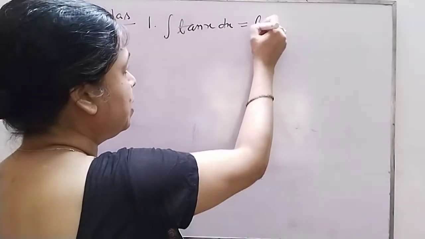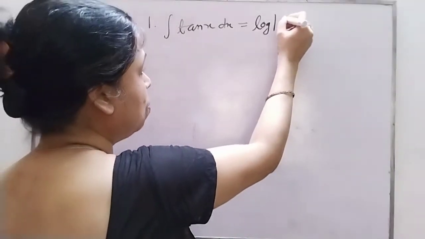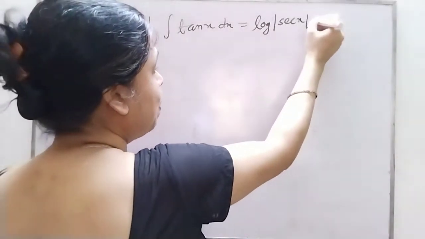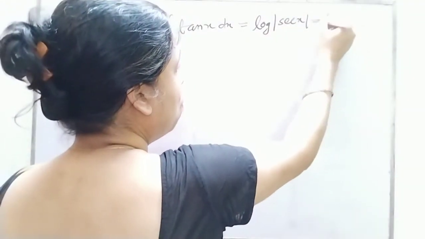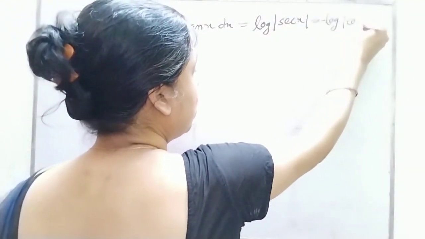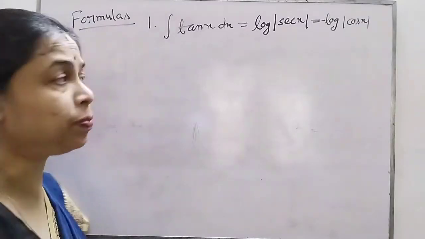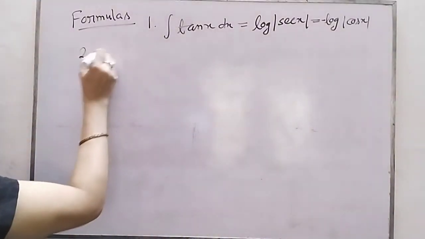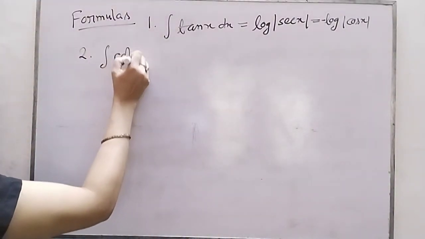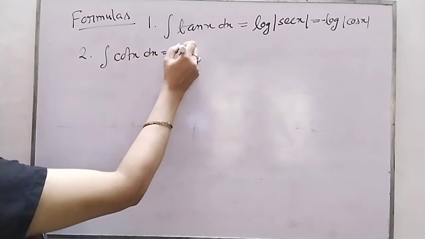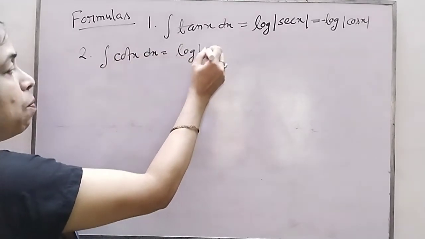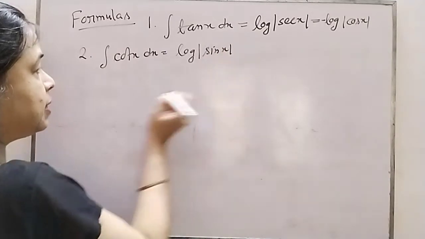So you see, integration of tan x is log of modulus of sec x plus c. As I have written the formula, I have not written this plus c. This is the form. Secondly, we have integration of cot x dx is equal to log of modulus of sin x.